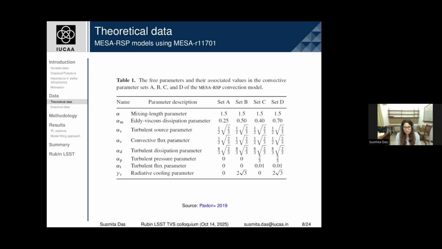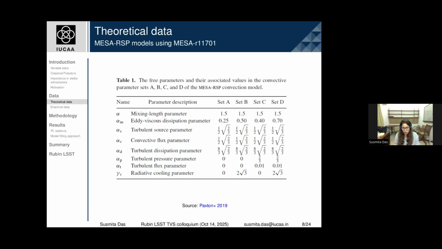It's not that these four are the ultimate choice of convection parameters, because they are supposed to be used merely as starting points, and then we keep fine-tuning. Whatever is the closest model to our observed light curve and radial velocity curve, we keep fine-tuning the calibration of convection parameters to make sure that our fit keeps on improving.